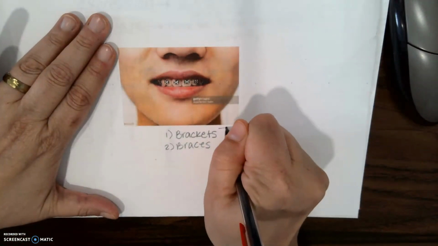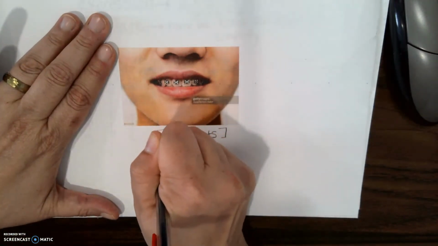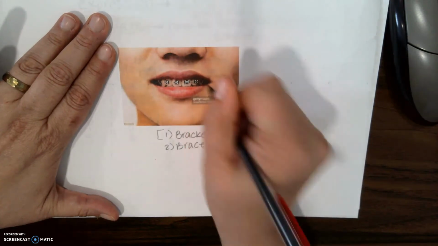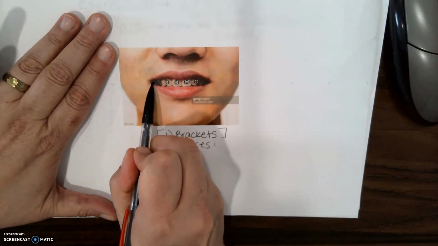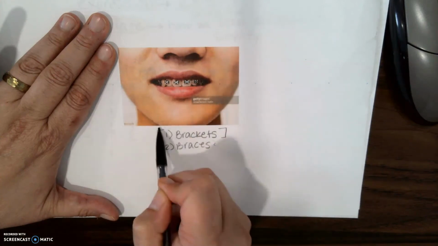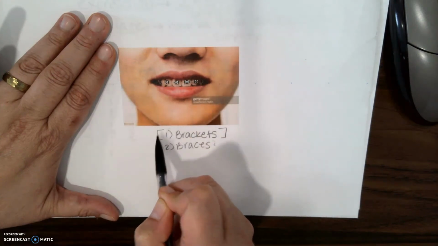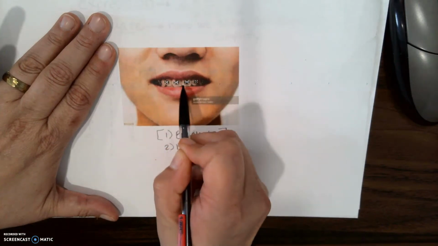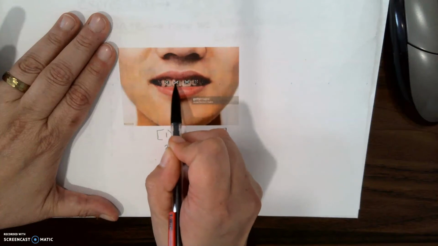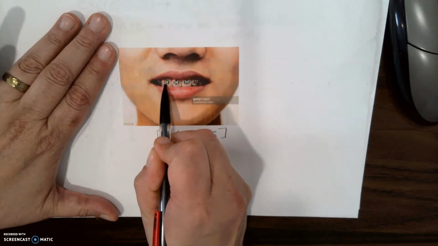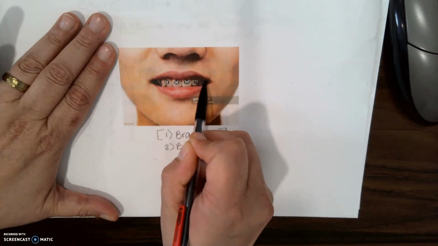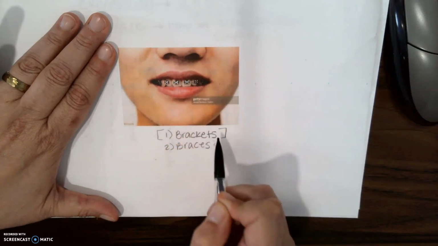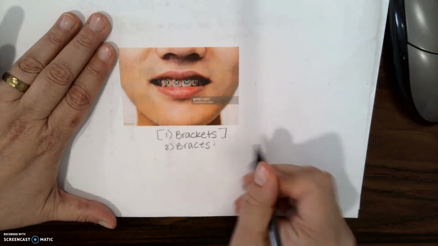So brackets look like this, and braces, because they put the brackets clear back behind there, look like these kind of square things that go up over the tooth, and then these braces are glued onto each tooth so the wire can be connected between each tooth and then hook back onto the braces.